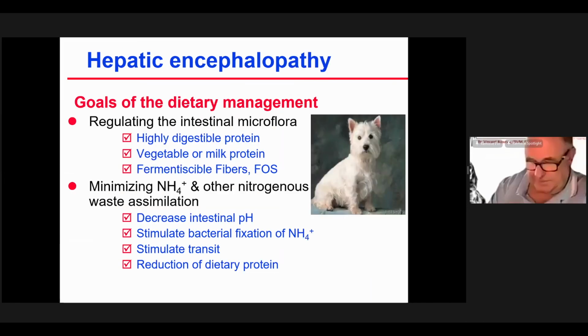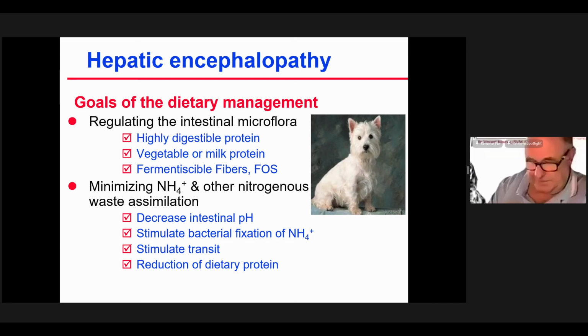Okay. So we do not understand completely the pathophysiology of hepatic encephalopathy, but what we know is that two things in the treatment of hepatic encephalopathy work. The first one is to regulate the intestinal microflora. Basically, we don't want too many nitrogen products getting into the hind gut.